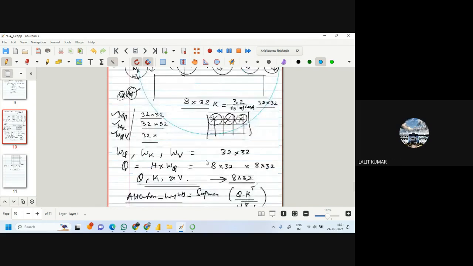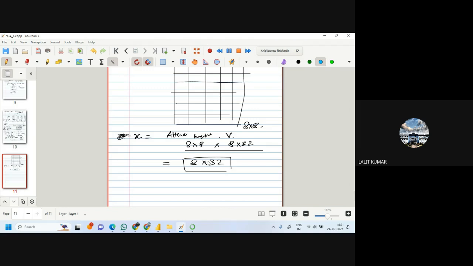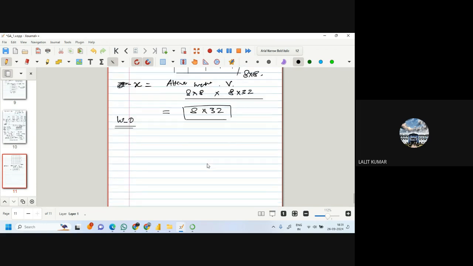And now we pass through a projection matrix, like in the question they have given in the assignment, WO. We pass it through a projection matrix like 32 into 32, from 32 to 32, and we get 8 into 32 output, and this is the output from the multi-head attention.